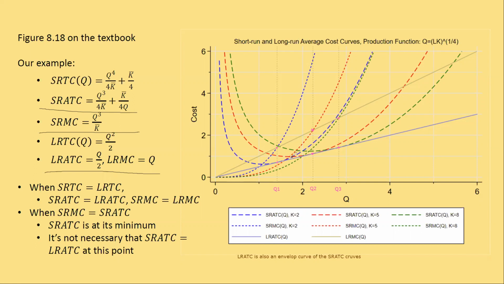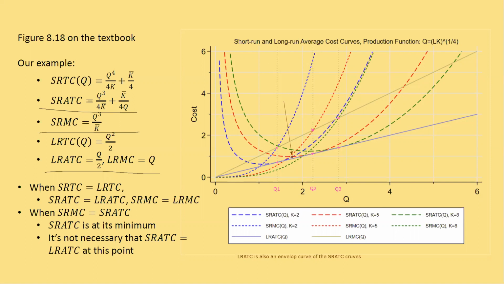I'm not sure if you can see this brown point. This brown point over here is the point below which the blue line is smaller and above which our red line is smaller, which corresponds to the short run ATC of two different levels of fixed capital in the short run.